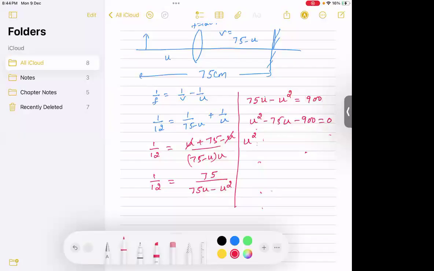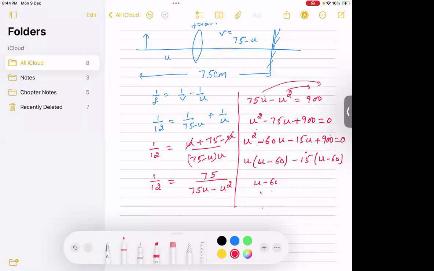Minus 75 can be taken as what? This is plus 900, right? Because we are shifting this term to RHS. So we can write u squared minus 60u minus 15u plus 900. If you take u common, u minus 60. If you take 15 common, you will get u minus 60.